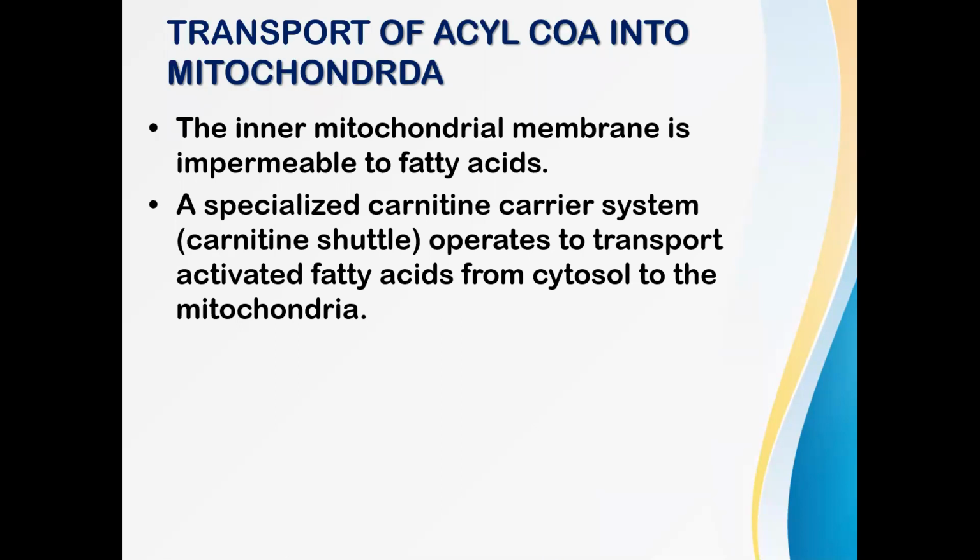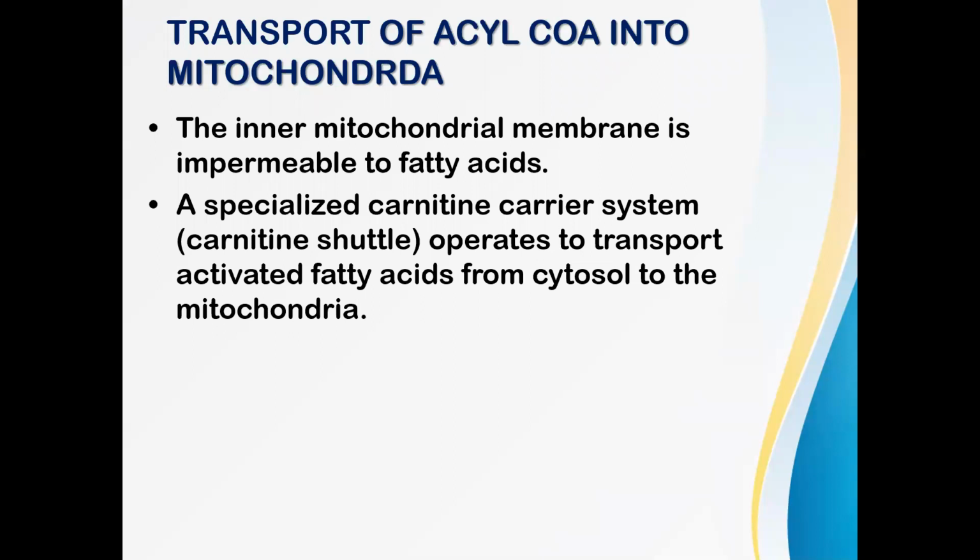Since this acyl-CoA is impermeable through the inner mitochondrial membrane, it is transported via the carnitine carrier system. So this is the one that operates to transport the activated fatty acids, that means the acyl-CoA, from cytosol to the mitochondria, because the oxidation proper will take place in mitochondria.